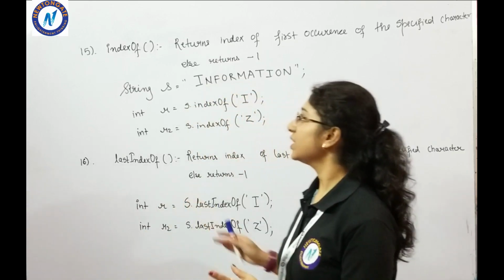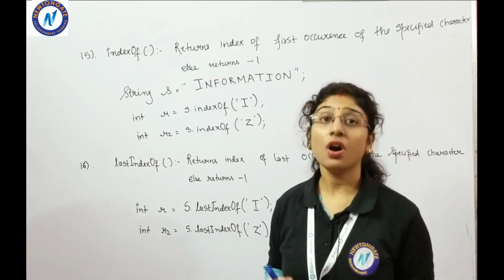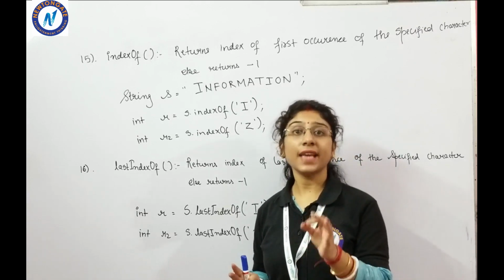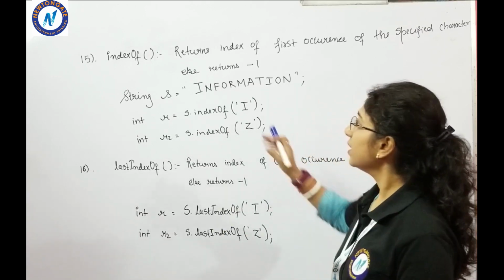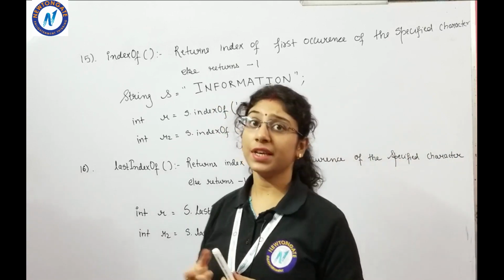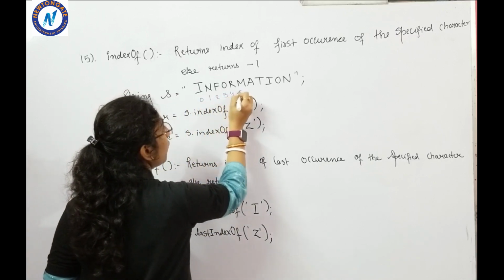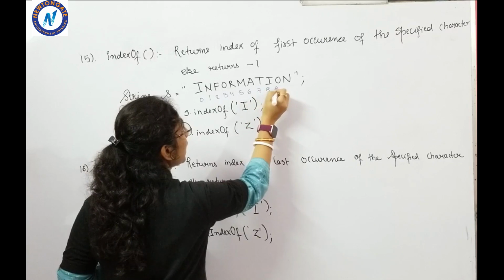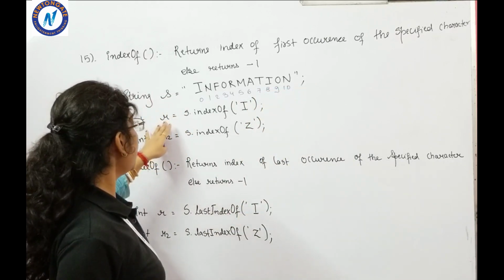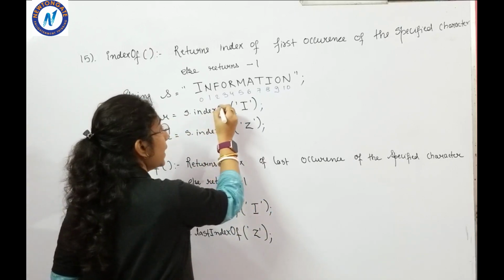Now the next function is the indexOf function. The indexOf function returns the index position of the first occurrence of the specified character. So here you can see that I have taken the word "Information". Let's write down the index positions: 0, 1, 2, 3, 4, 5, 6, 7, 8, 9, 10. So for the indexOf function I have written int r equals s.indexOf("I"). Here the I will be a capital letter.